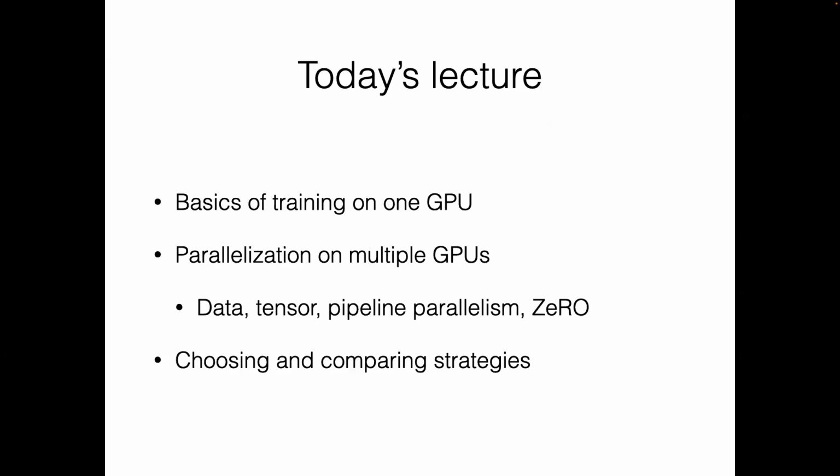And then I'll also tell you briefly about this sharding technique that is used with data parallelism called ZeRO. And then briefly at the end, we'll summarize it all and look at that diagram again and think about how you actually combine these different strategies, which is what is done in practice.